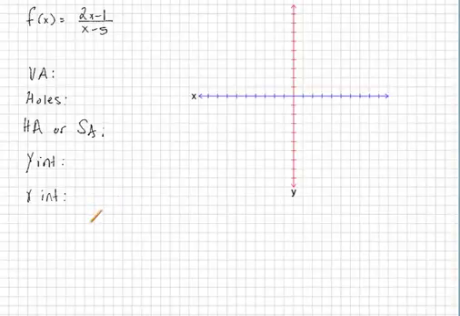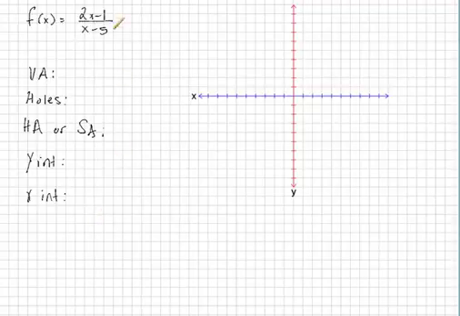The very first thing that we want to do when we're graphing a rational function is see if we can factor it. Can't factor anything here, so we're good on that step. The next thing we want to do is go ahead and find our vertical asymptotes and our holes. Our vertical asymptotes will occur everywhere that the denominator is equal to 0 after you factor it and cancel.